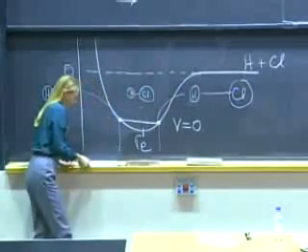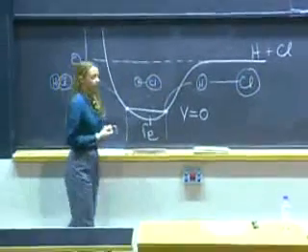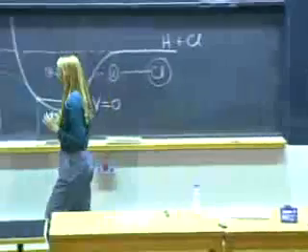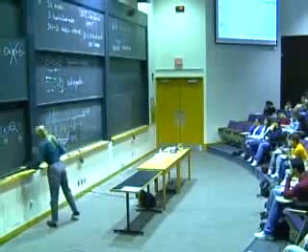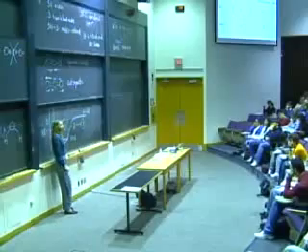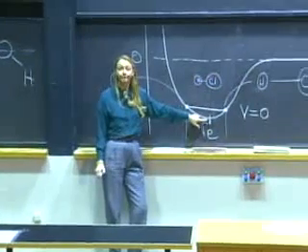Now, what I also want to point out to you is something that I've been kind of misleading you about for the last few weeks. And that is that this molecule is not sitting in the bottom of this well.